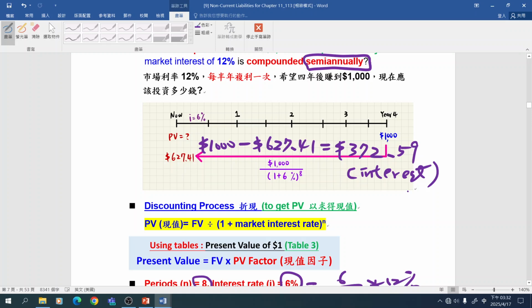So did you find out what's the difference? When interest incurred more times, not only your principal helps you to get the interest, your interest will help you to get more interest back.